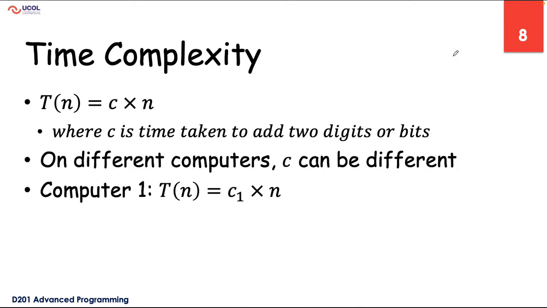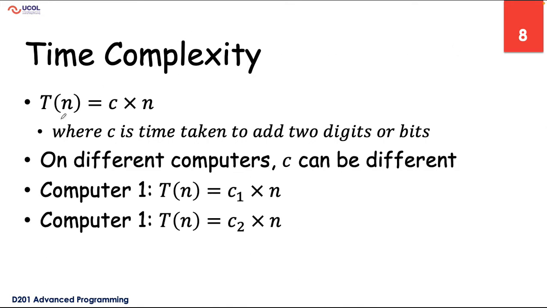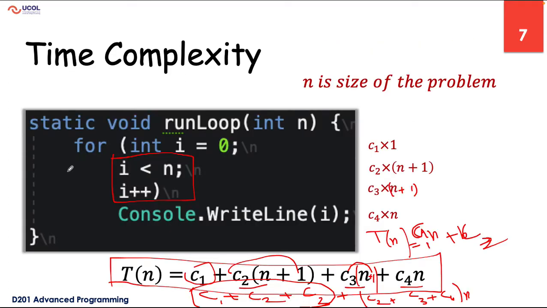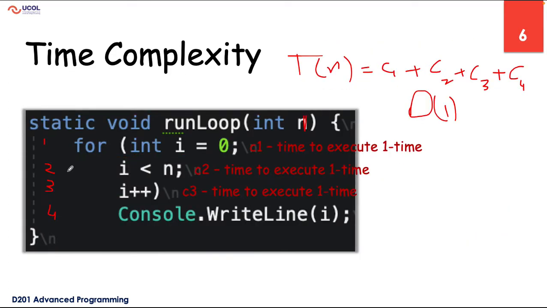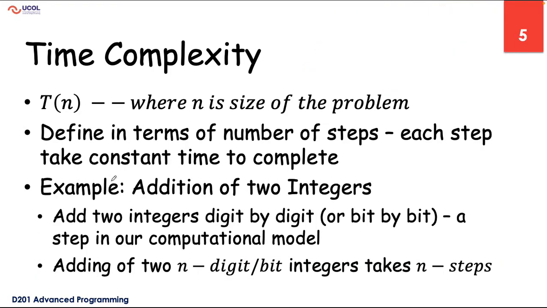So here, T(n) is equal to c into n, where c is the time taken to add 2 digits or bits. I'm just talking about this algorithm here. So we are adding 2 integers, digit by digit or bit by bit.